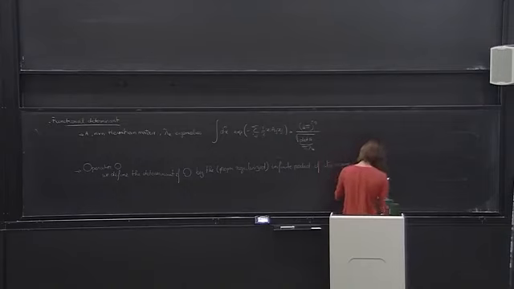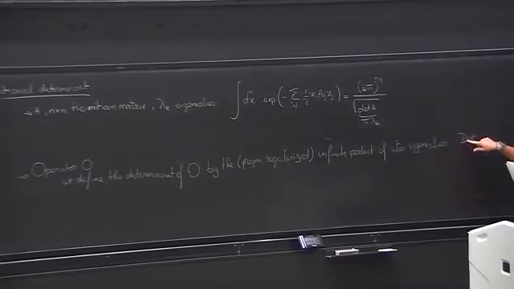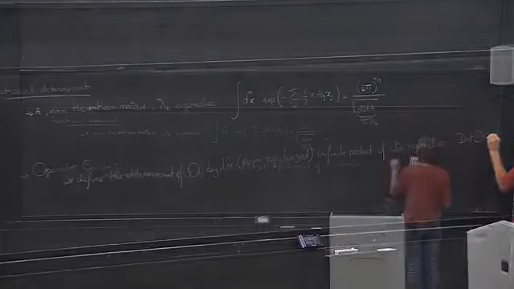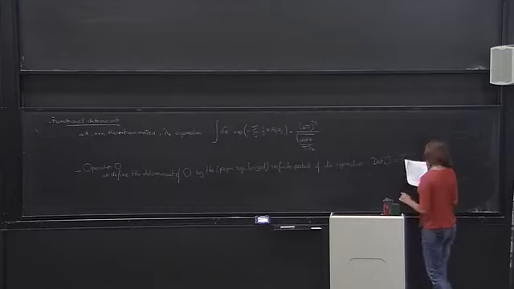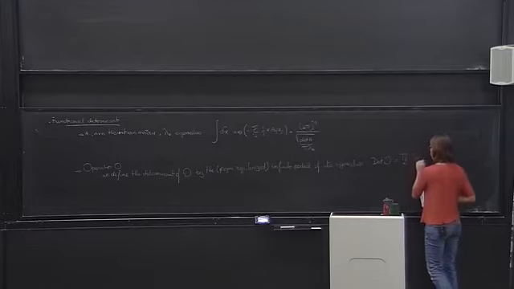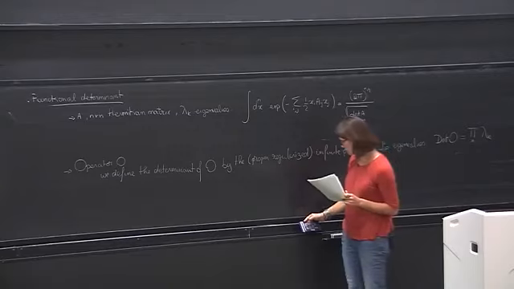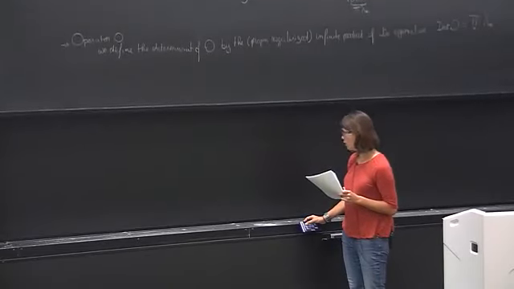Sometimes we denote the determinant with a capital D instead of a small d to say that we're working with an operator. So now let's consider an explicit example, and maybe things are going to become a bit less abstract.